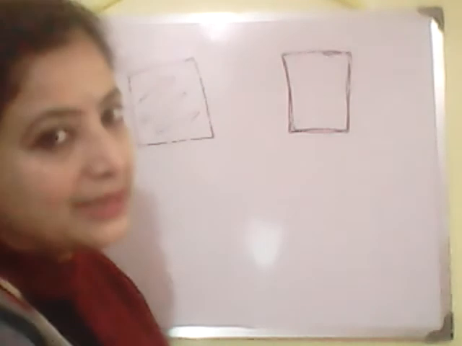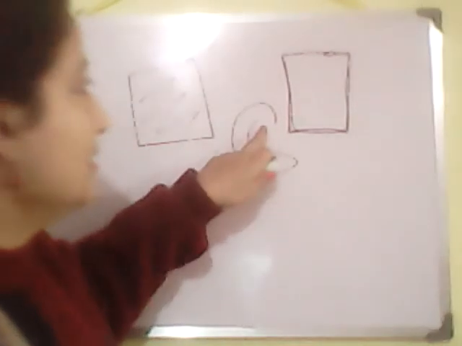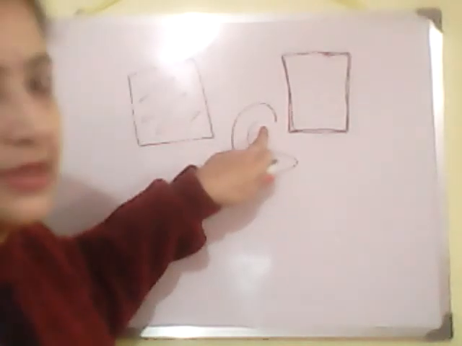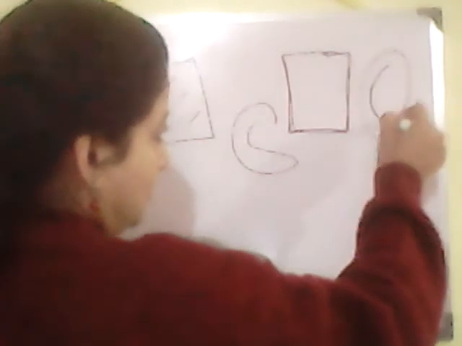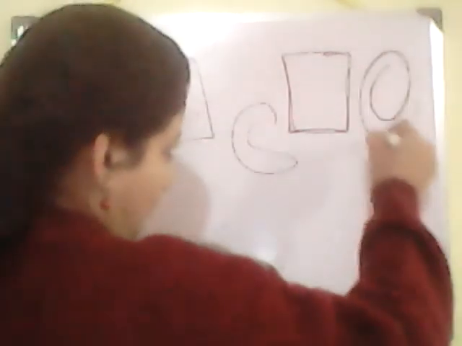And whenever it is unbounded, the figure has a discontinuous boundary, meaning it has a line but it is not continuous. See, we start from here. This is our starting point and the ending point is this. Starting point and ending point are not merging.